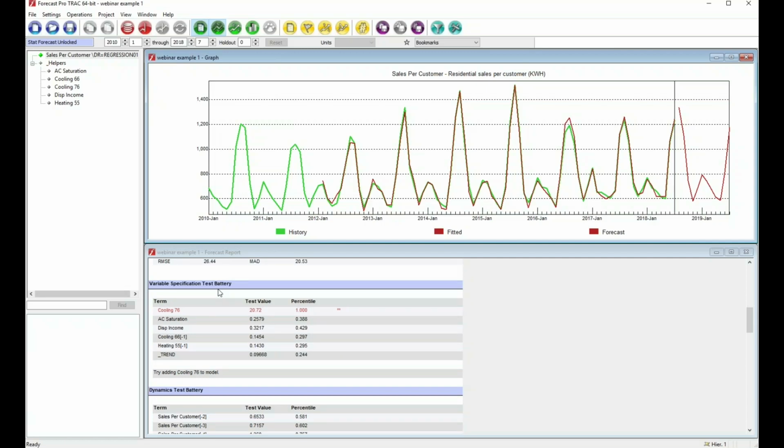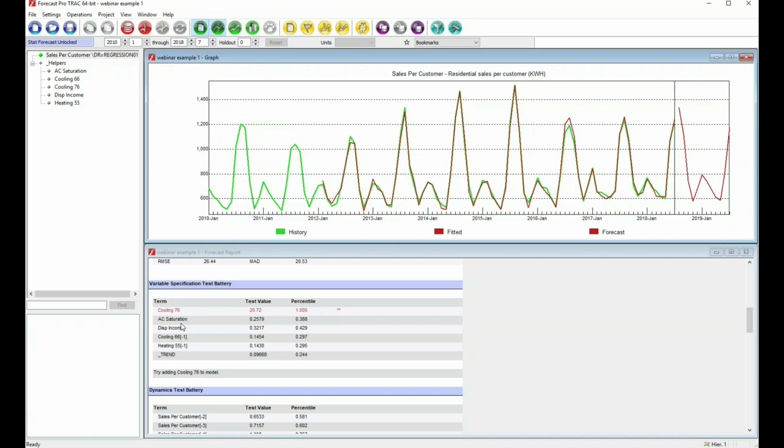This is what's called a test battery, and these are what's called excluded variables. They're testing to see whether variables you did not include in the model should come into play. Cooling 76 was one of the temperature variables we did not use in the model. The test is significant and it's highlighted in red.